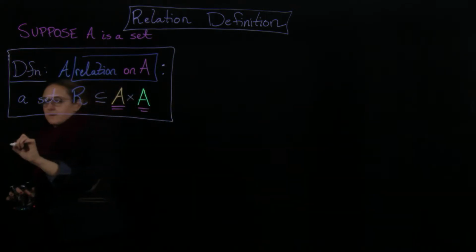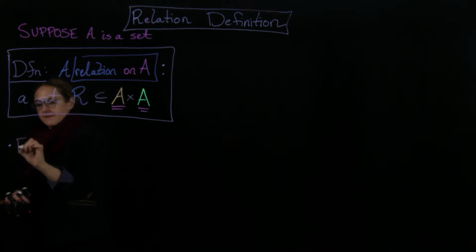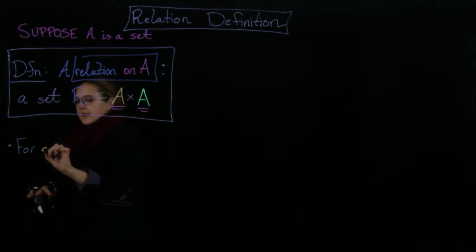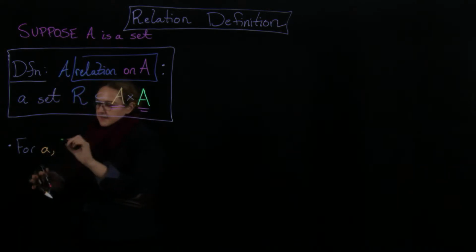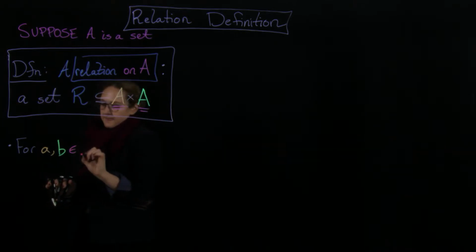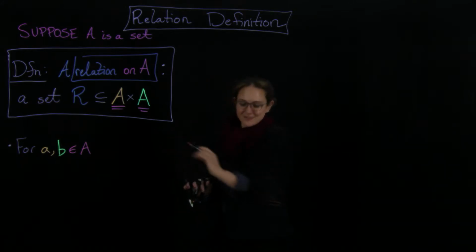So for a and b contained in my set A, notice these two are elements of A, not of the Cartesian product.